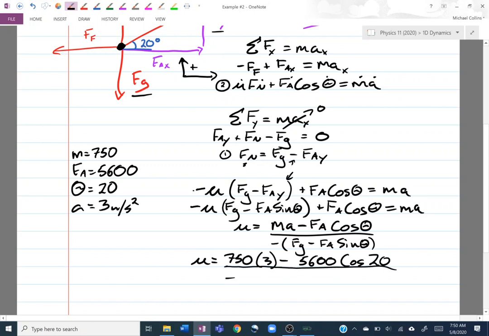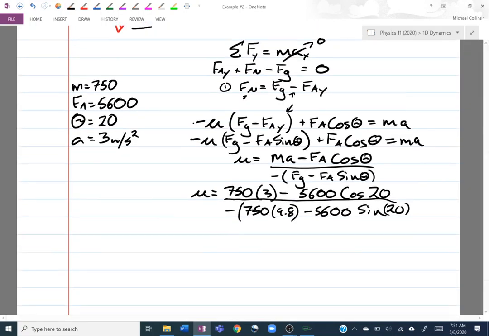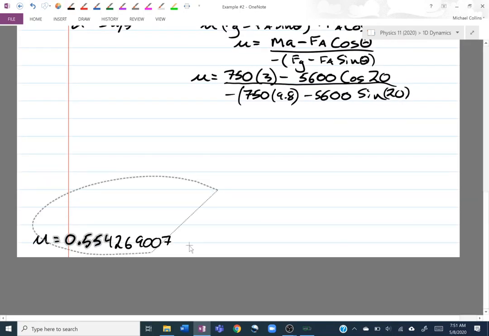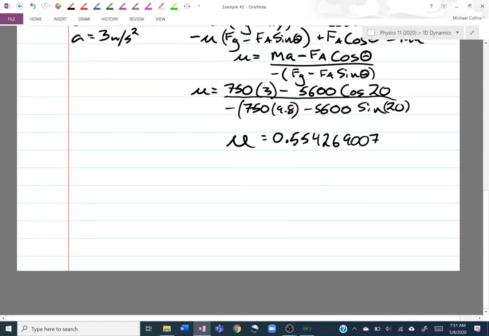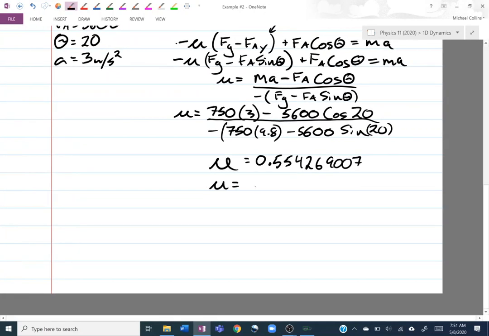Divided by a negative Fg, which is 750 times 9.8, minus 5,600 sine 20. I think if I scroll down here, I have in fact figured out mu already, and I end up with mu is equal to 0.554. Mu is a unitless variable, so I'm done.